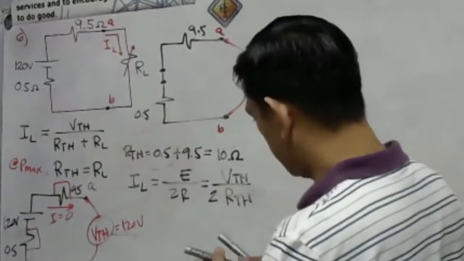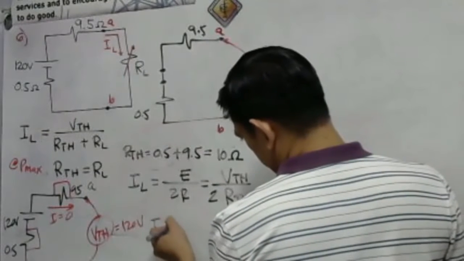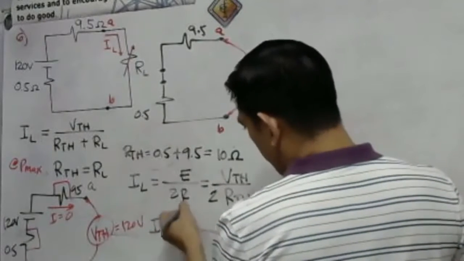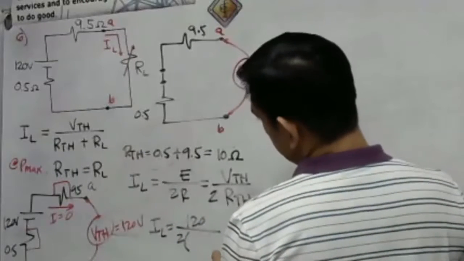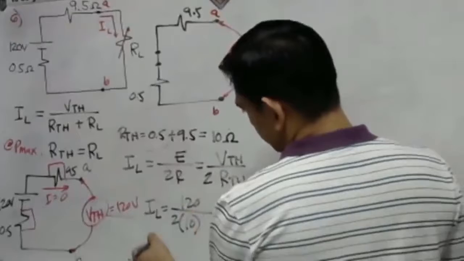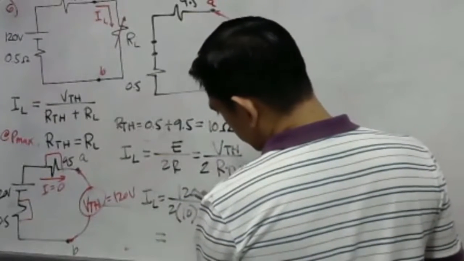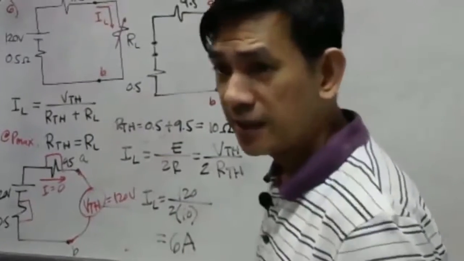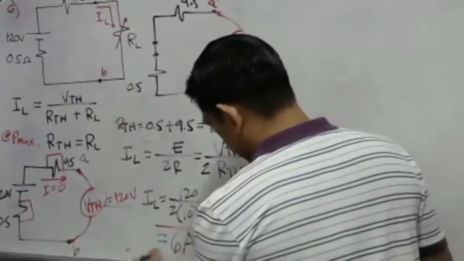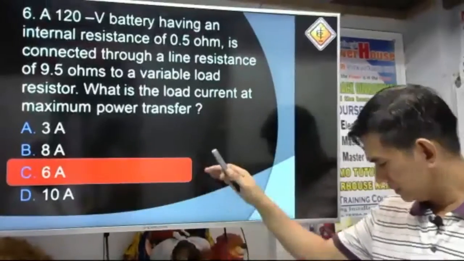So that is our formula. Let us substitute: VTH is 120 volts over 2 times RTH, which is 10. So 120 over 20 is 6 amperes. Our IL is simply equal to 6 amperes. So the answer would be letter C.